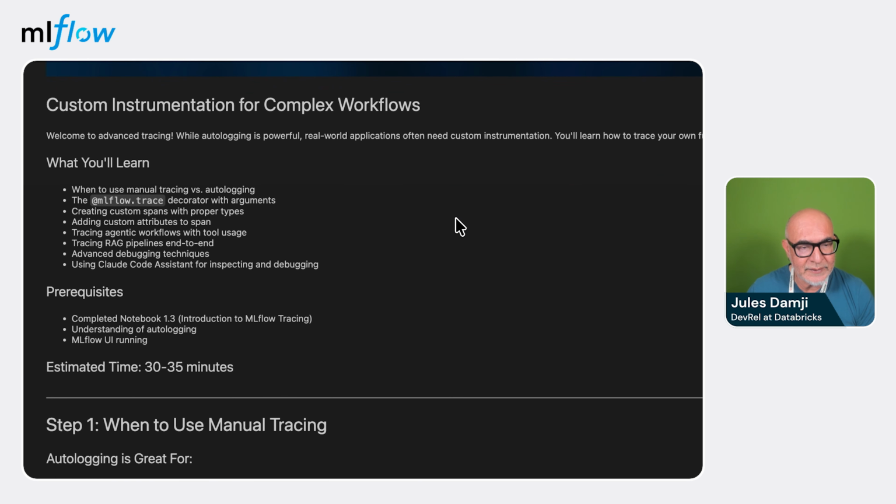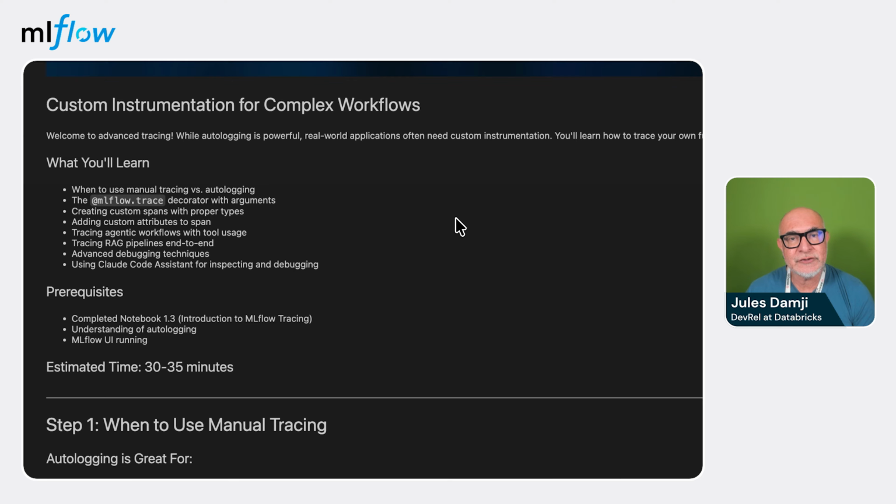So what are you going to learn in this particular episode? For one, we are going to concentrate on the MLflow trace decorator along with some of the arguments that you can send. We are going to define about 7 different span types that MLflow provides you to label your particular tool usage or span.